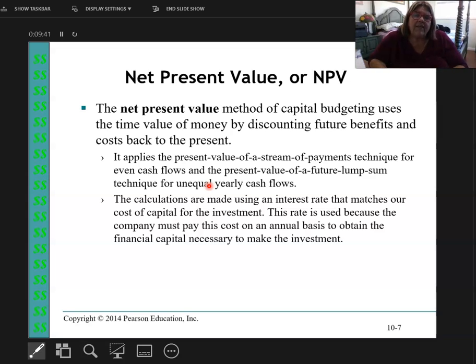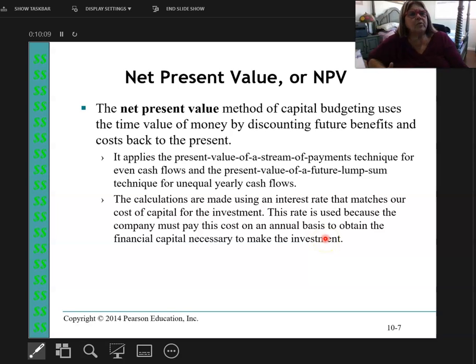So if I'm going to invest $100,000 over a period of time, I'm going to buy a piece of equipment, let's say, and over a period of time, every year, I'm going to get a return on my investment. So I'm going to look to see what is the present value of that money that I will get in the future. And when I add them all up, is it higher than what I'm putting out for the project? Okay, does that make sense?